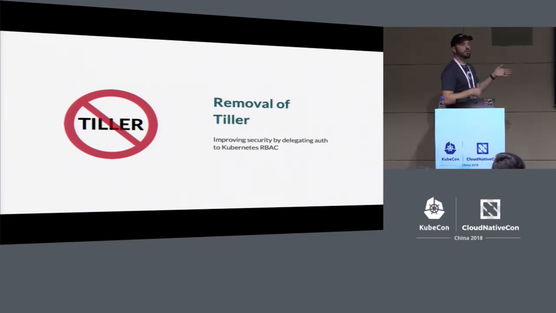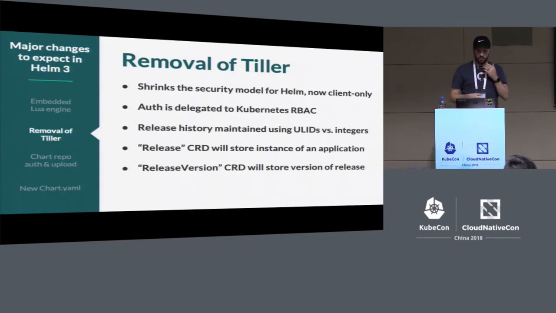So now we know that the better option is to move all of this client side and just talk to the Kubernetes API. All the rendering and everything is done through the Helm client now, and there's no Tiller. What that does for us, besides the auth, is give you a different way of storing the releases. This is one of those things that is in flux right now. We're finalizing the final spec on what the storage will look like.